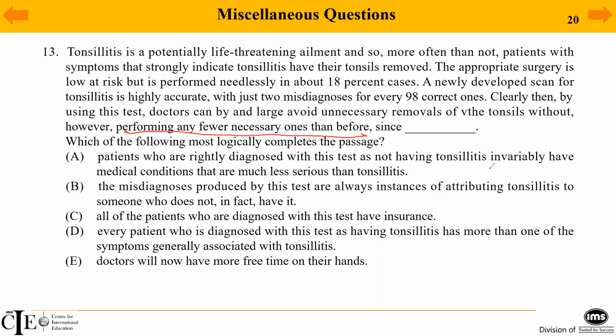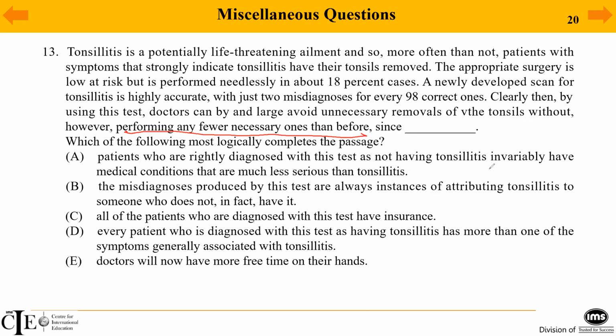See, it is okay, and I see it is identifying the correct people correctly. But what we should know is whether it is identifying the misdiagnosis. That means this test is also doing some mistakes, right? So two misdiagnoses. So are those misdiagnoses who require tonsillitis surgery or who don't require it?